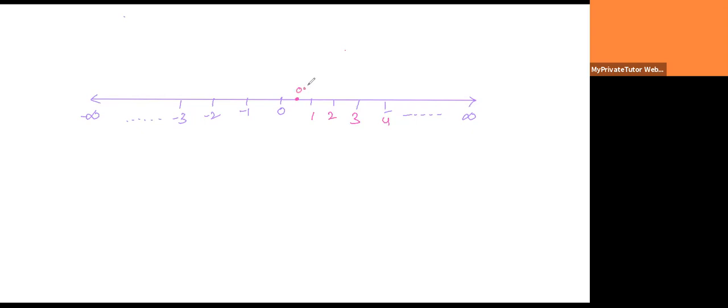It is 0.5, right? So this is a decimal. We do have decimal numbers in a number line. We'll discuss that part when we do decimal numbers. As of now, we are doing integers. So let's do the whole numbers and integers in this. This is the basic representation of the integers on a number line.